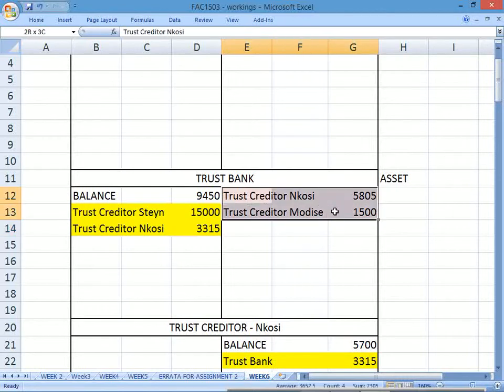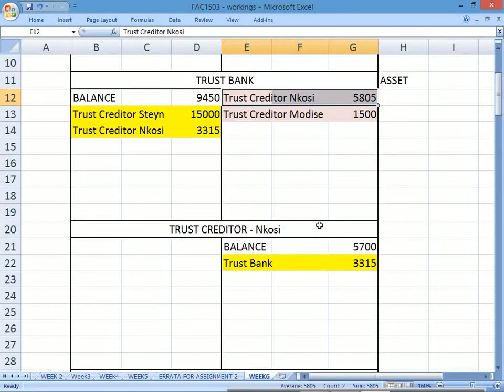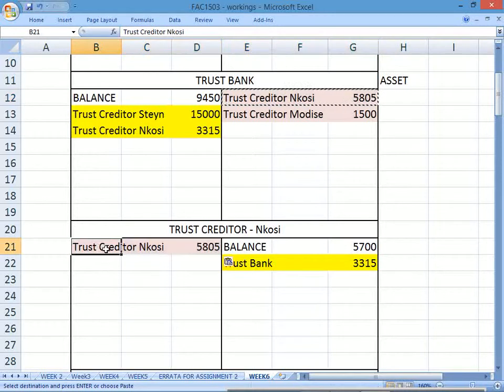Okay, so now obviously I can't have credits without debits. So in trust creditor in Nkosi's account, I'm going to show the debit, yes, for the bank. See that? Okay, there's the credit, there's the debit. I've got both, I'm good. Okay, I can move on.